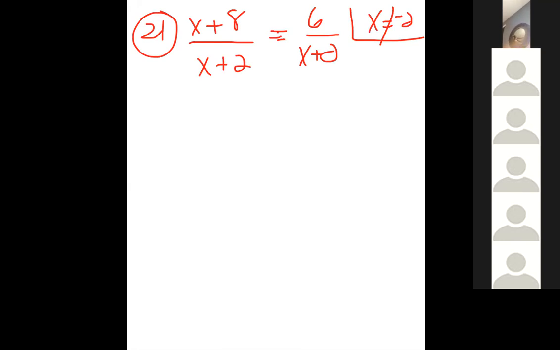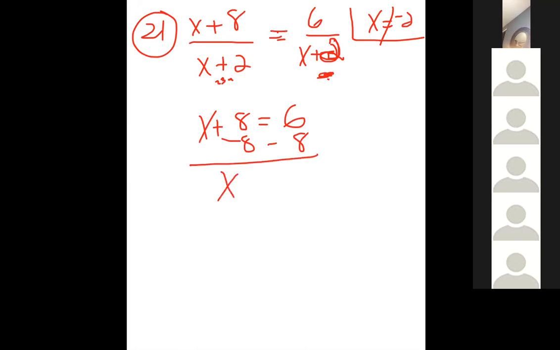Now, what you will notice about this problem is that the denominators are equivalent to each other. They're the exact same thing. So if the denominators are equal, that makes the numerators equal to each other. Then you go ahead and solve it. Now, here's why I'm bringing this to your attention, guys. When you solve it, what do you notice? This answer is the restricted value. Since it's the only solution, it's the restriction.